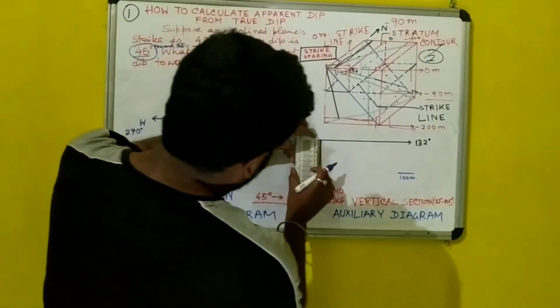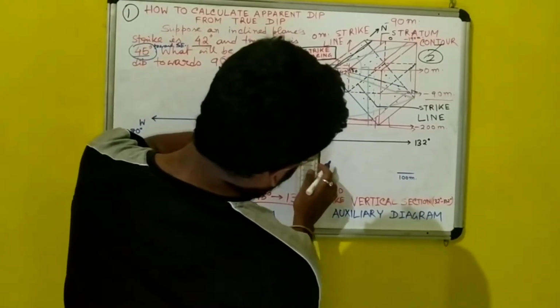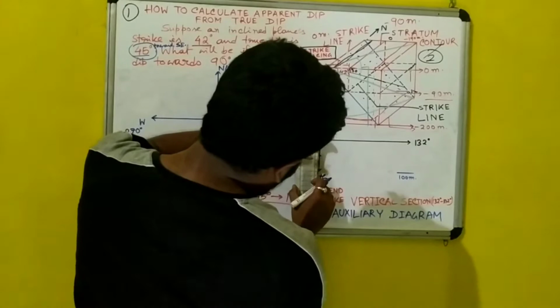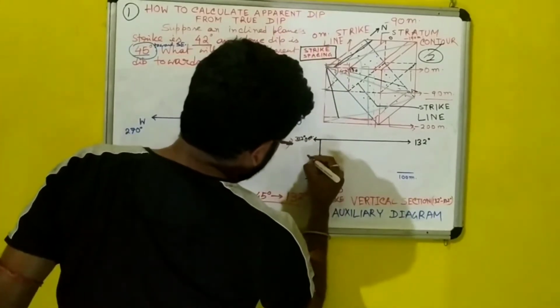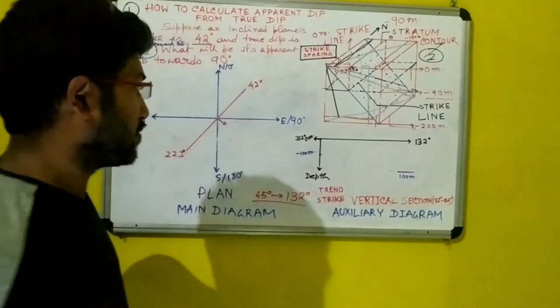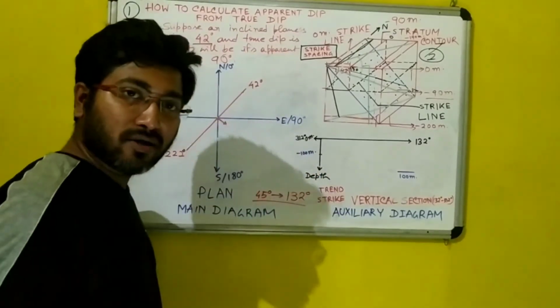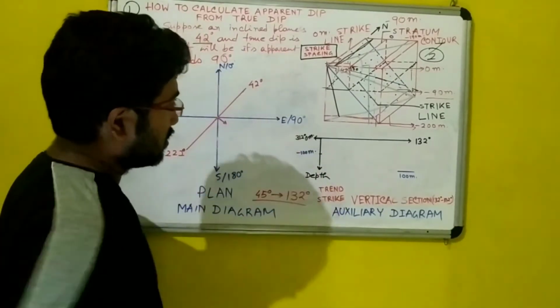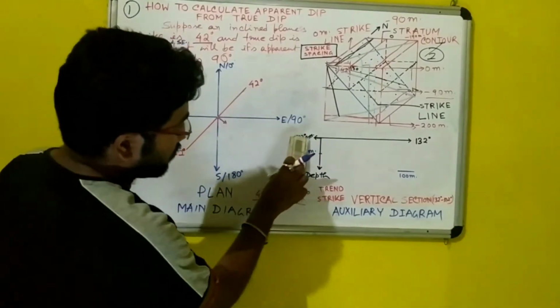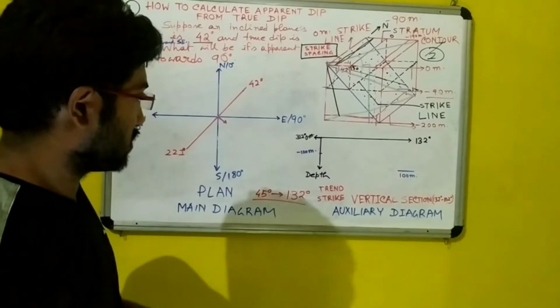So for that I have to take this length. We have to take it by divider, since I don't have a divider and I am working on a whiteboard, I am using this 4 cm as scale and measuring this by diagonal scale.